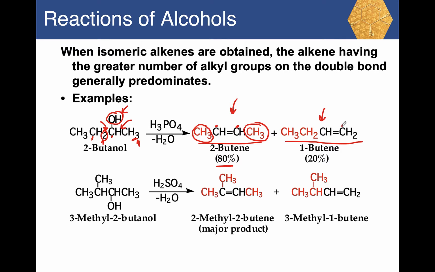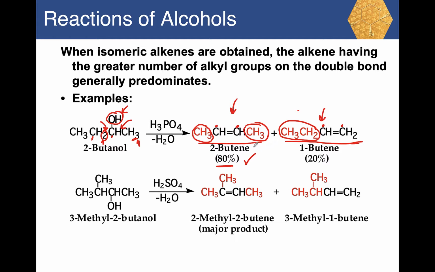This carbon of the double bond has no alkyl group because it has just 2 hydrogens. This carbon of the double bond has just 1 alkyl group here, so therefore this one has more alkyl groups bonded to the carbons of the double bond compared to that one, and therefore this is the major product.